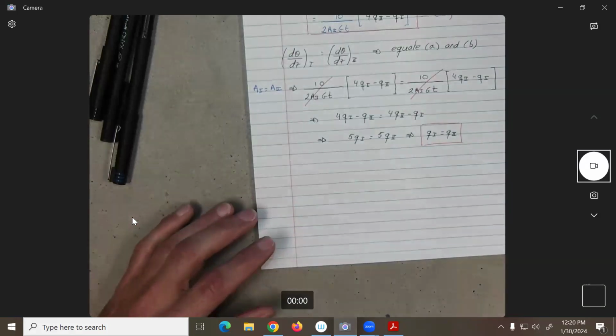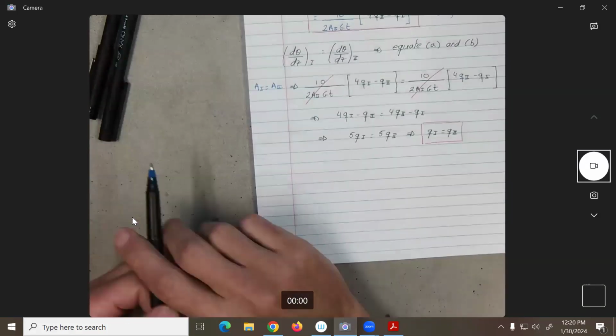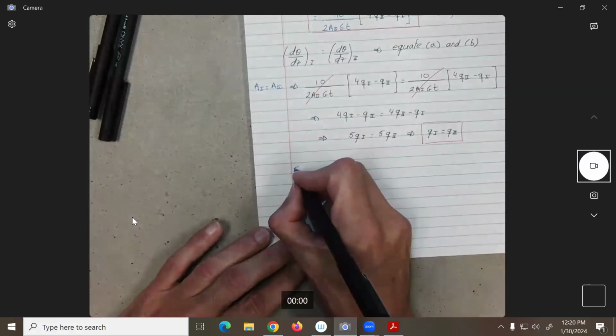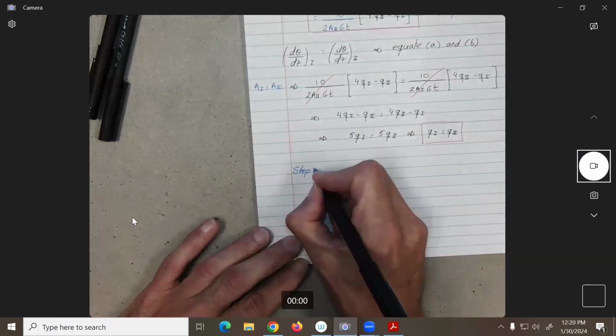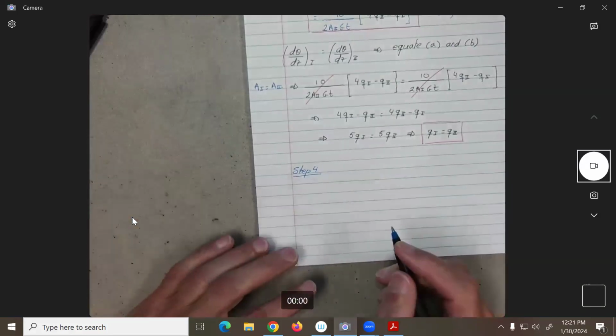Okay, so, all right, this is one equation. So, step 4, we need to find one additional equation. And this will be the first step we'll be doing every single time.